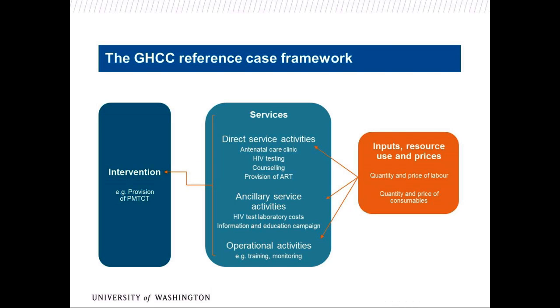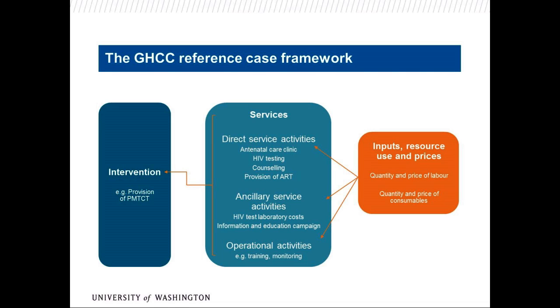The Global Health Cost Consortium reference case framework tries to help us get to a standard unit cost. A unit cost is simply total cost over total output. It can be defined in many different ways, and you'll find more about that in the reference case.